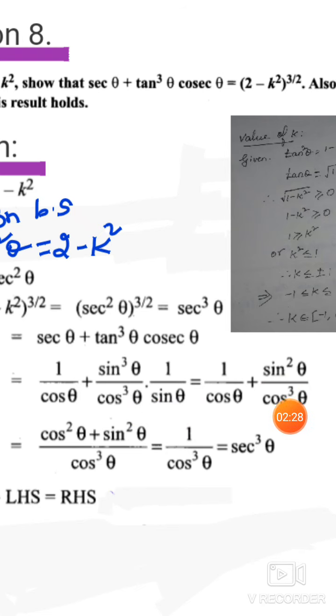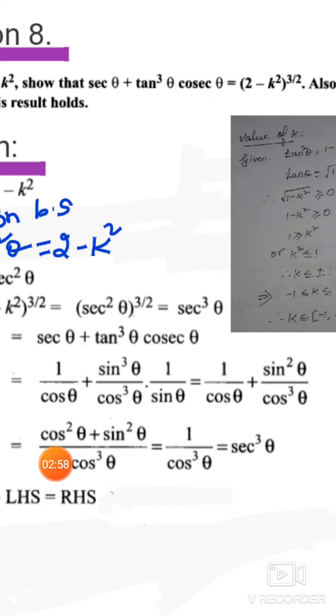Now you take LCM for the denominator. What is the LCM of cos theta and cos cube theta? It is cos cube theta. So this is the LCM for the denominator. Here already you have cos theta, and here cos cube, so multiply both numerator and denominator by cos square theta.